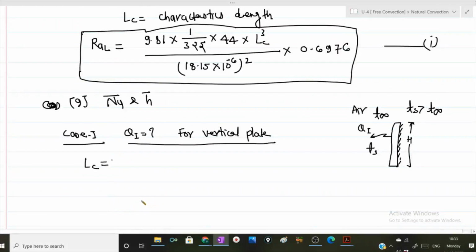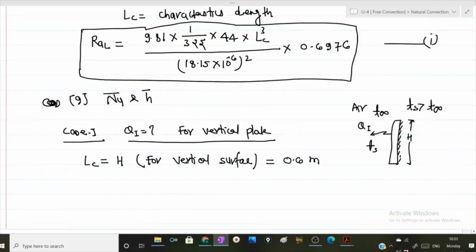When any object is placed vertical and it is losing heat by free convection, under such condition the characteristic length will be equal to its height for a vertical surface. And in our case, this is 0.6 meter.